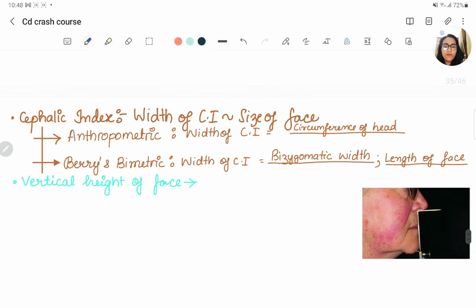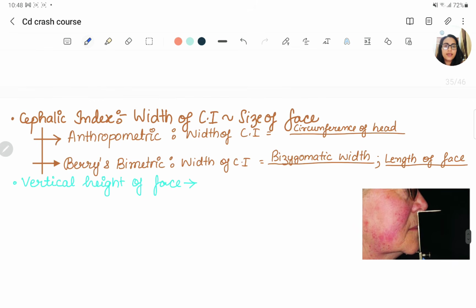Cephalic index is when the width of the central incisor we take according to the size of the face. So according to the size of the face, we take the width of the central incisor. In anthropometric measurement, the width of the central incisor is equal to the circumference of the face divided by 13.